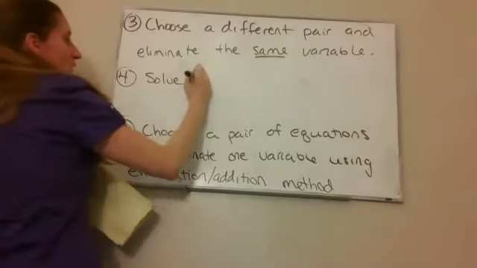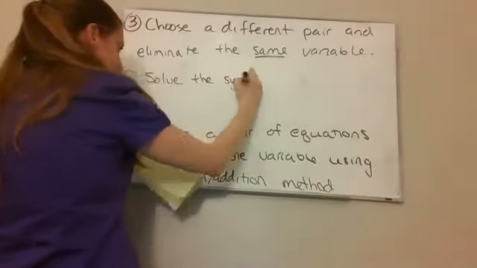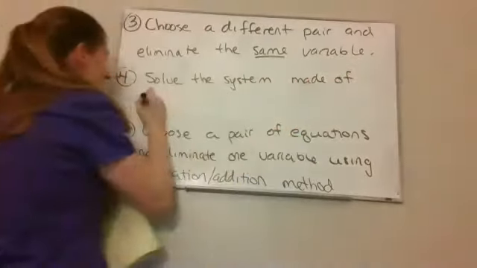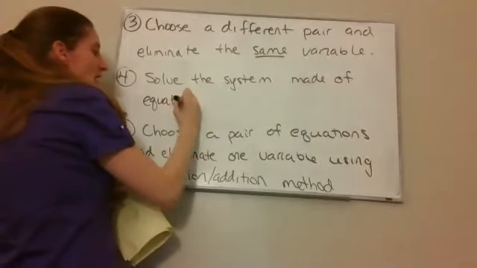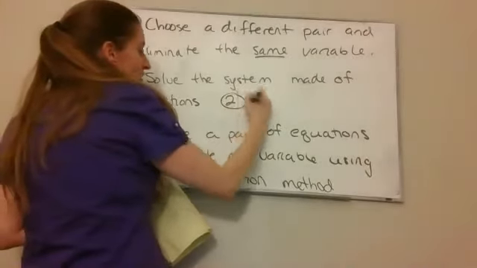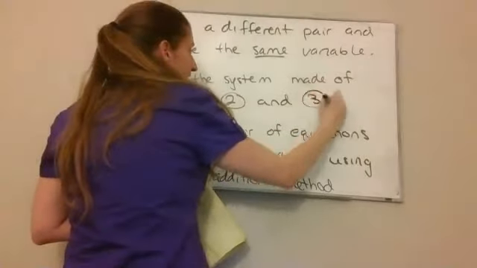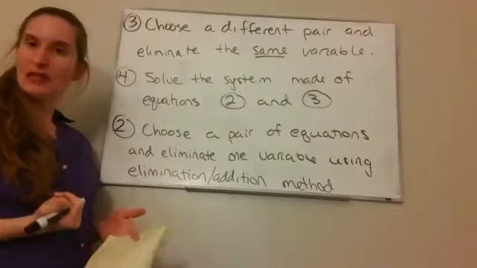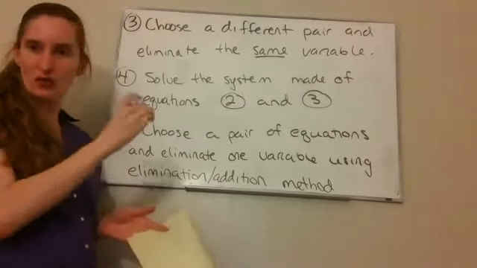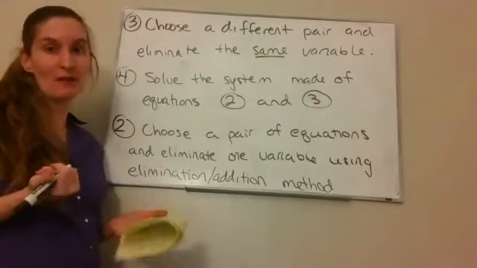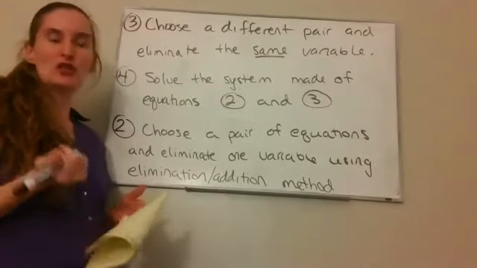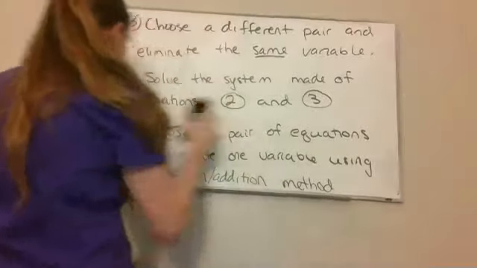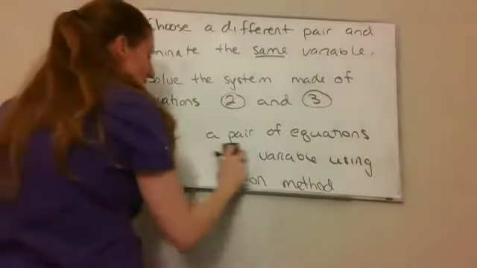Then you're going to solve the system made of the equations that we get from step 2 and step 3. So what we've done at this point is we've taken our three equations, chosen a pair two different ways, and eliminated the same variable from those pairs, to create a system of two equations in two variables, which we already know how to solve from our last video.